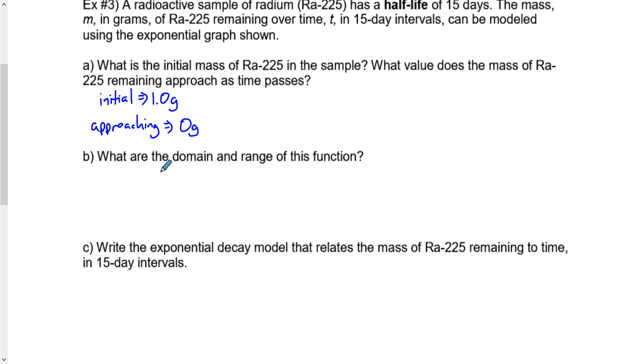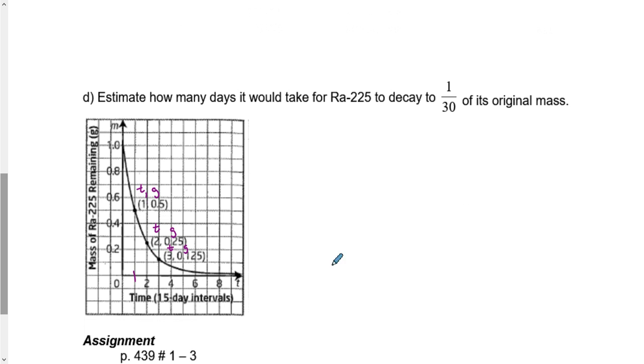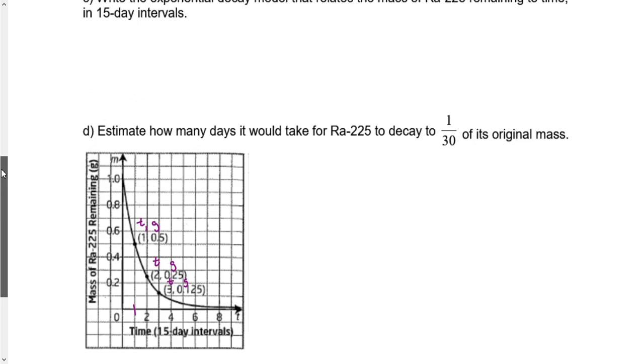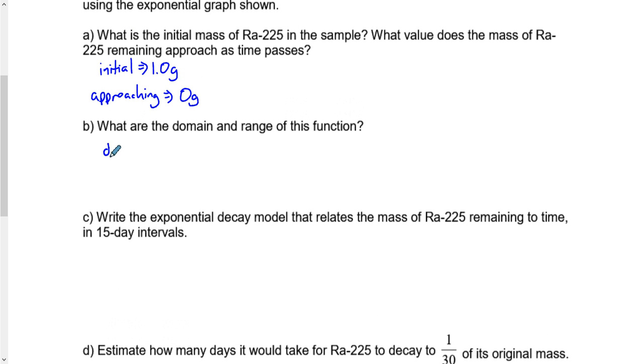What would be the relevant domain and range on this function? Well, we can't say that our domain is all real numbers because we can't go back in time. But we are starting at a time of 0, and it technically does go to infinity, which means that our domain, now, is it grams?